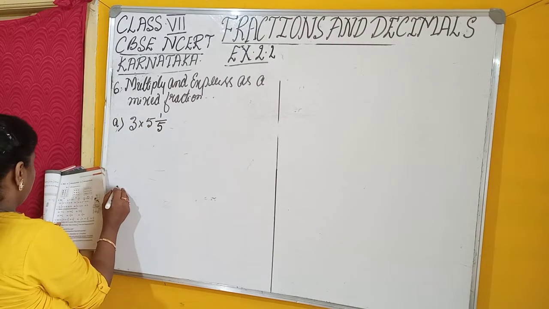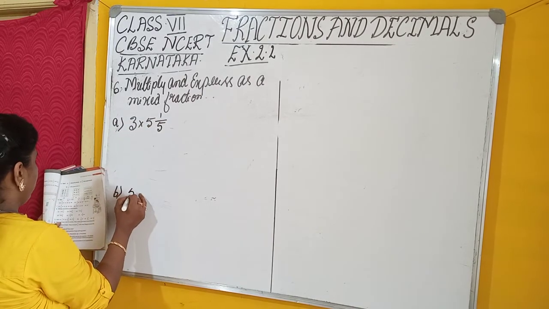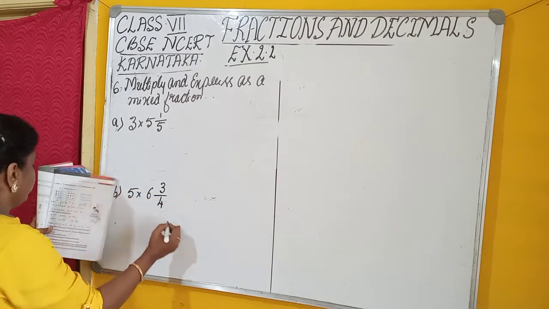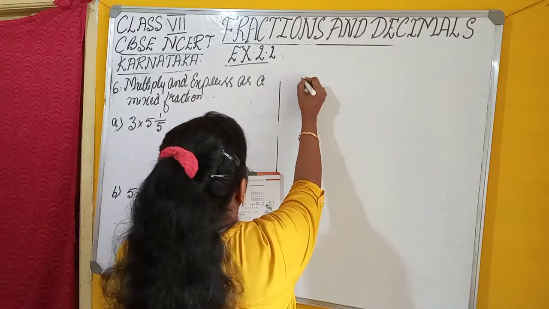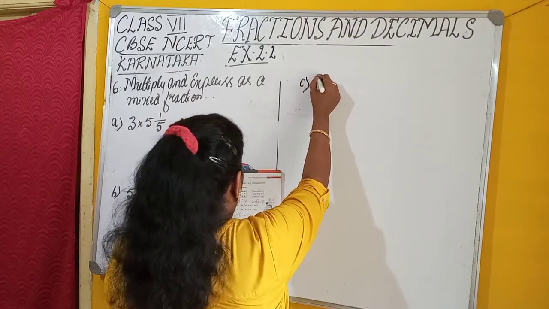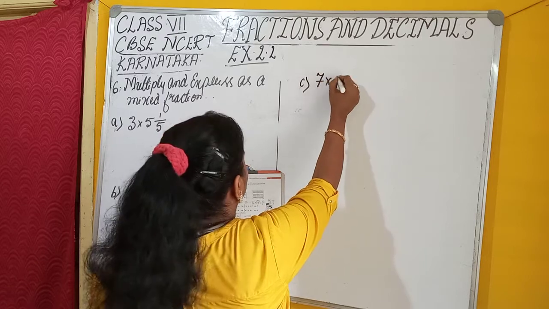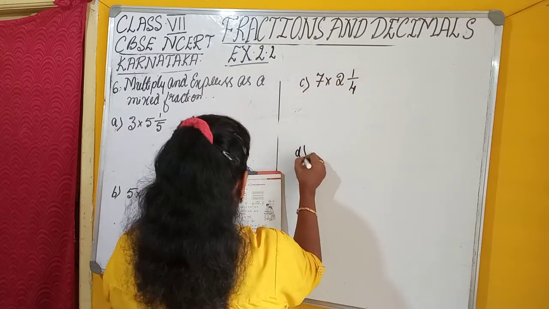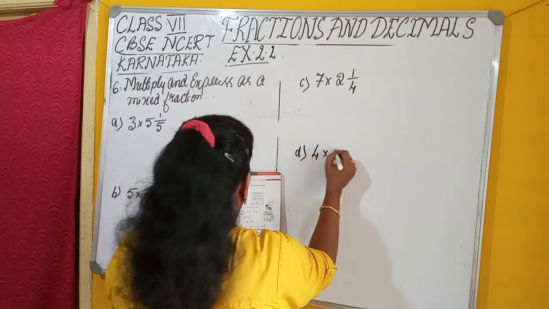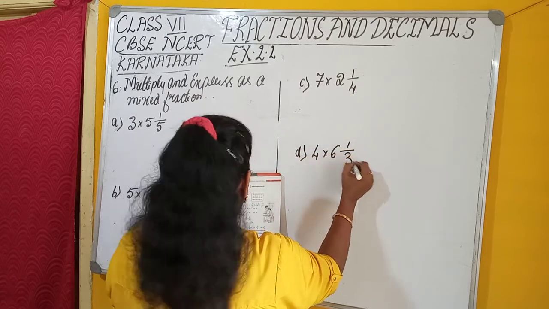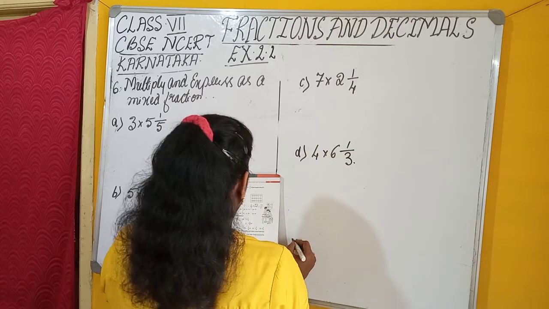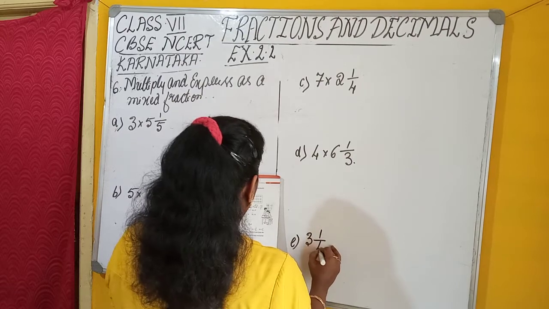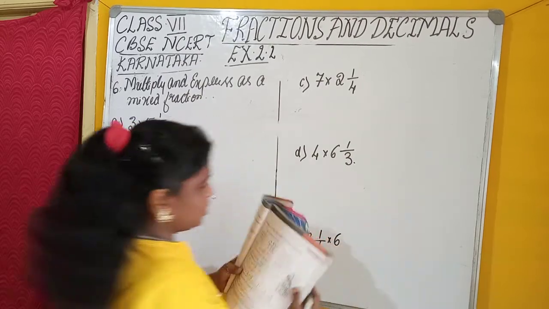And then 5 into 6 3/4. And then 7 into 2 1/4. And then 4 into 6 1/3. Next is 3 1/4 into 6.